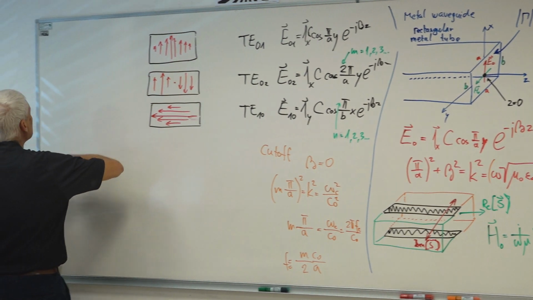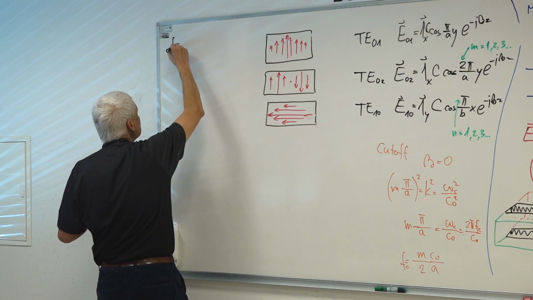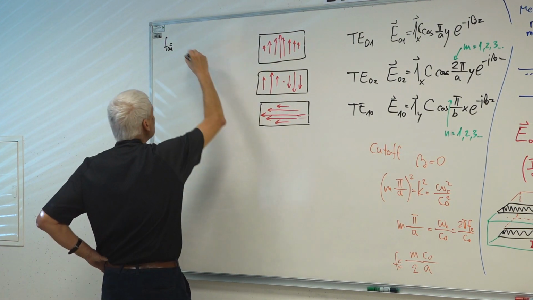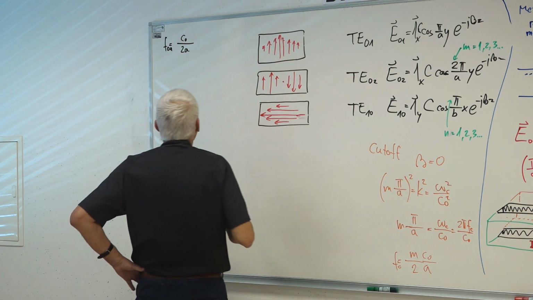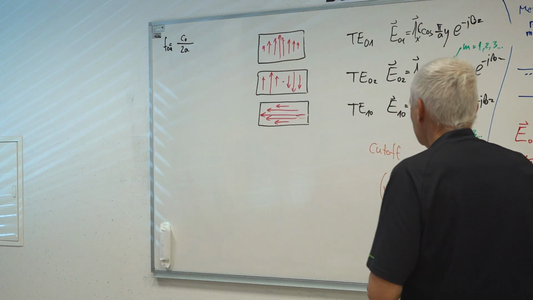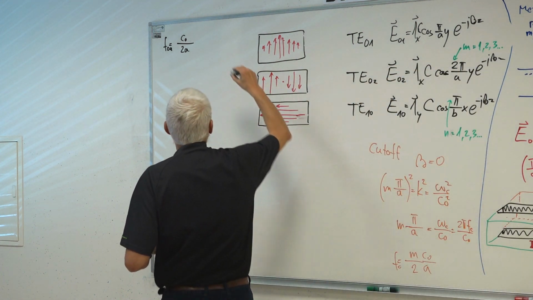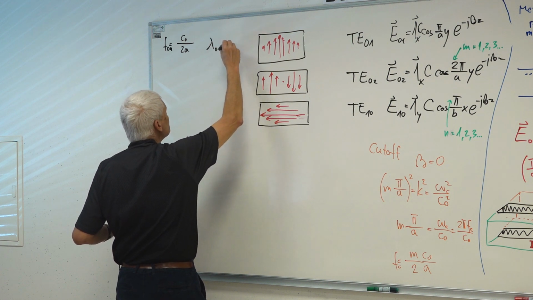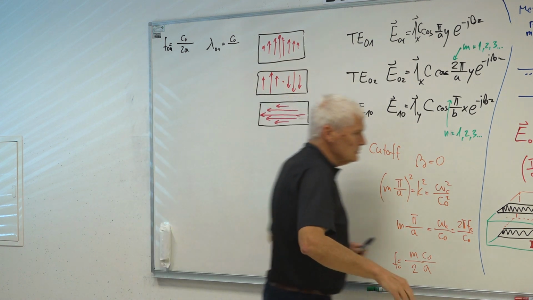For this first example up here, our cutoff frequency f01 is now equal to what? M is equal to 1, so it is C0 over 2a. Or in other words, what is the cutoff wavelength? Let's say lambda 01.